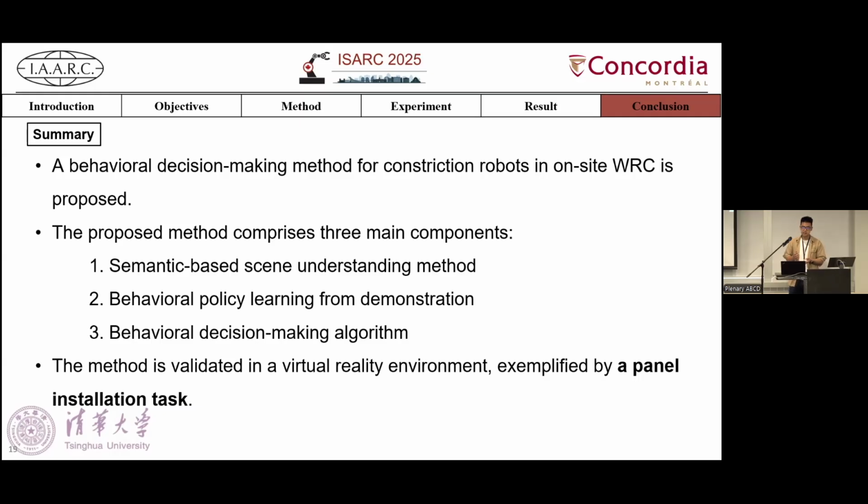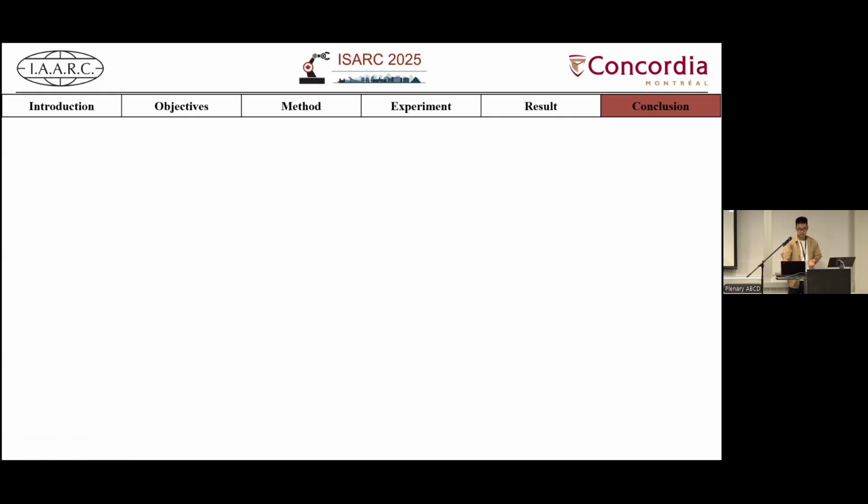The second is a behavior policy learned from demonstration that allows the human to teach the robot what action to take in different situations. And the last is a behavior decision-making algorithm that can integrate the policy into actionable decisions. And we validated it in a panel installation task.